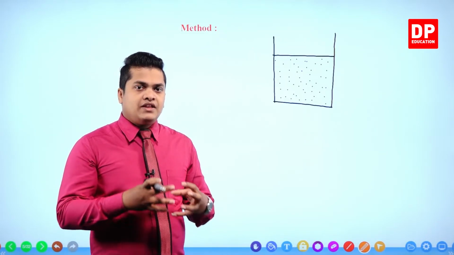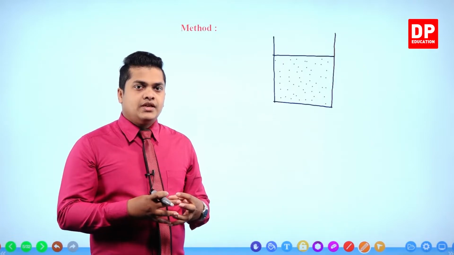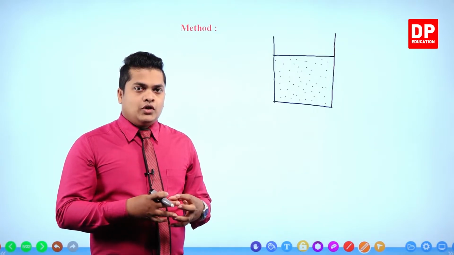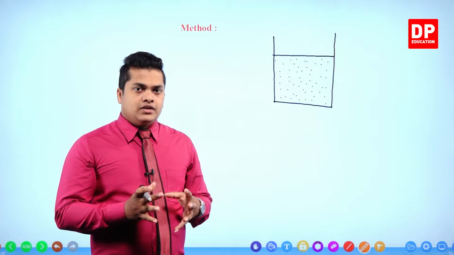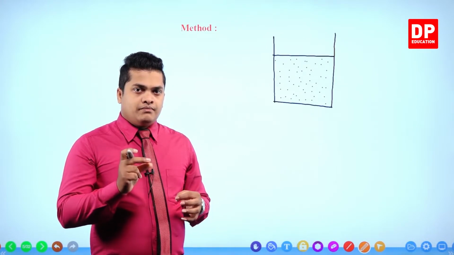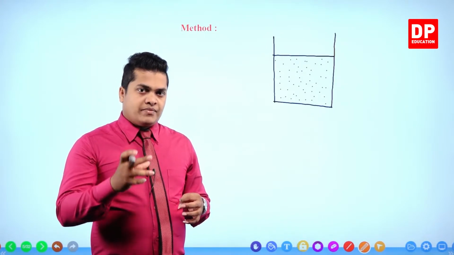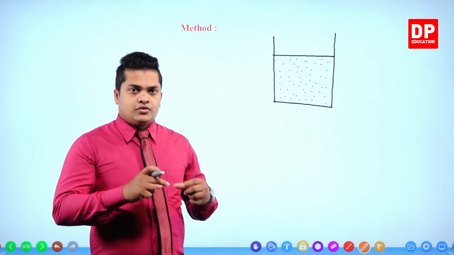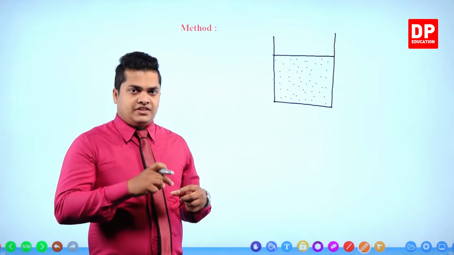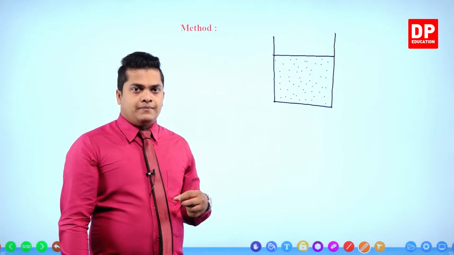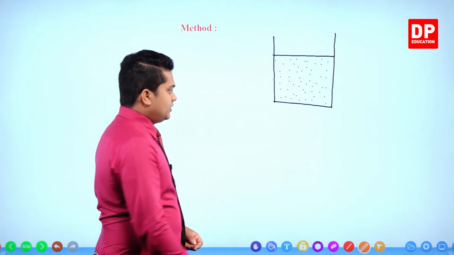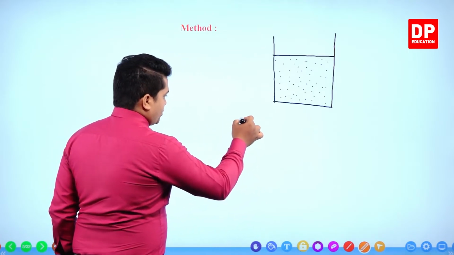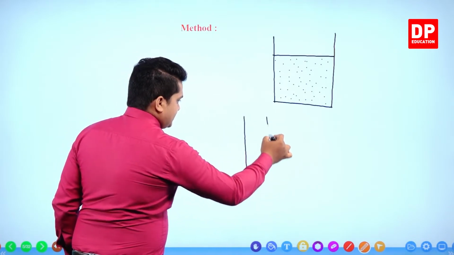It should be tightly fixed within the test tube, right? So to do that, you can use a piece of rubber or a thermocol sheet so that it would fix within the test tube very well. So it's like this. I'll draw and show. So this is the test tube.